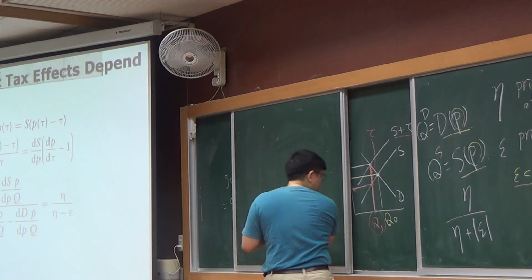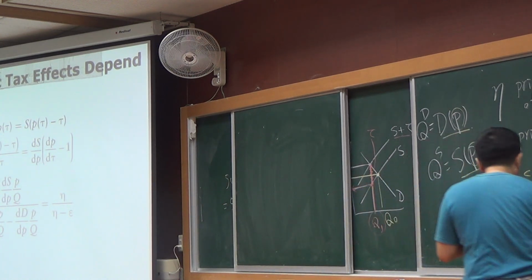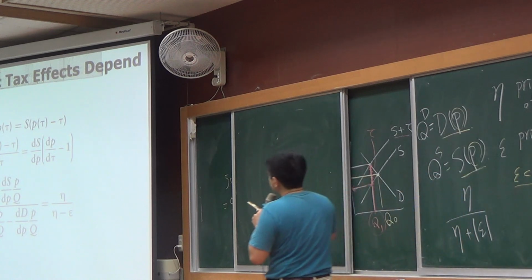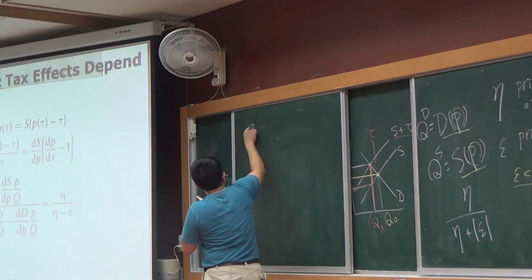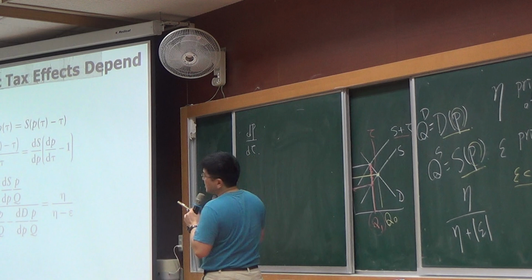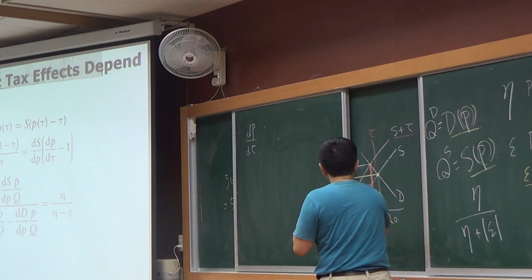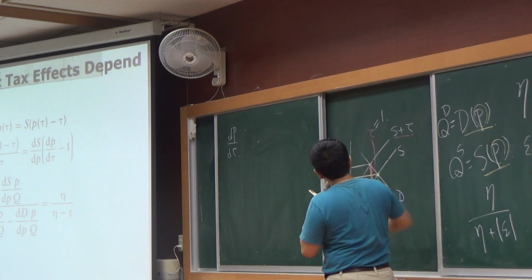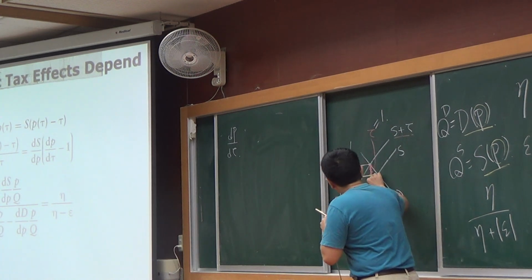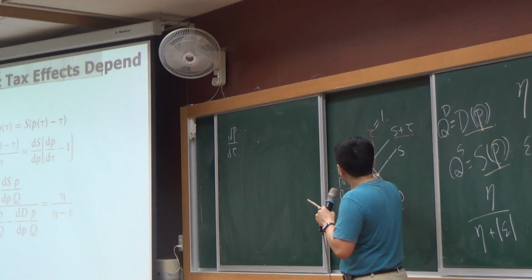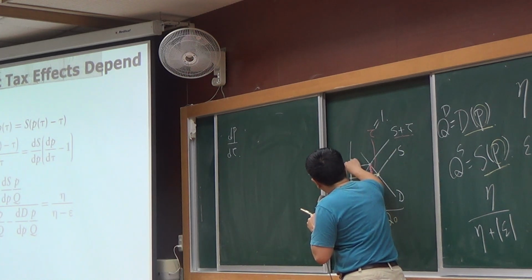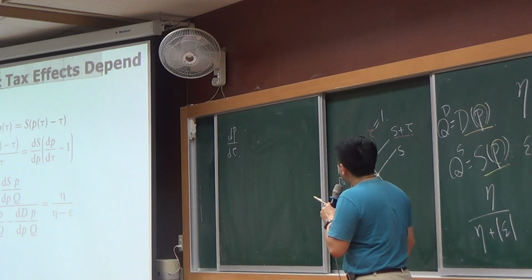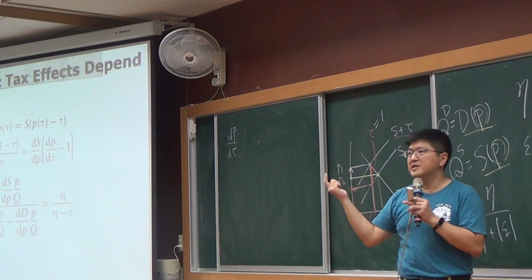Now let's have a check of this term, dp d tau. What does it mean? When tau equals 1, so 1 unit of tau, the price will go up from P0 to P1, is that right?